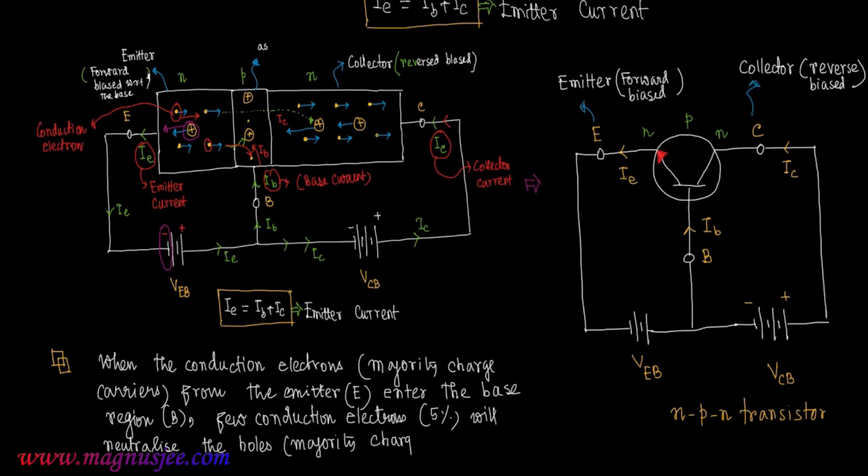and these are again the majority charge carriers in the base, which produces the base current IB.